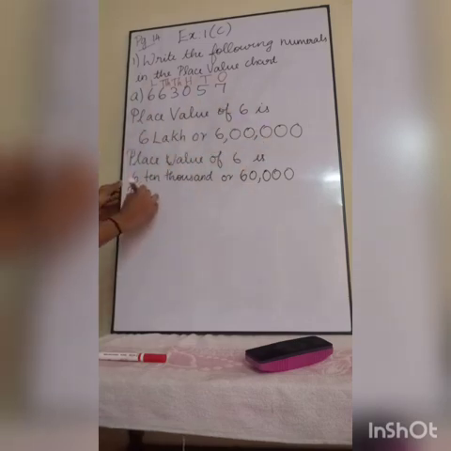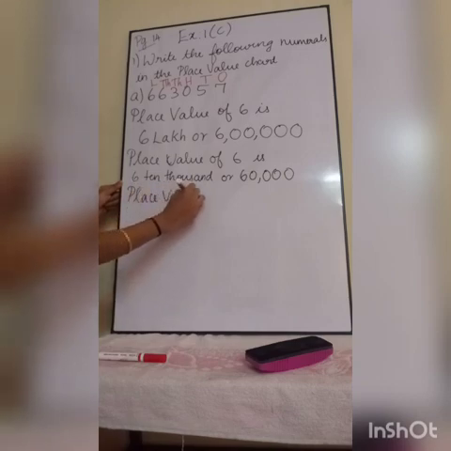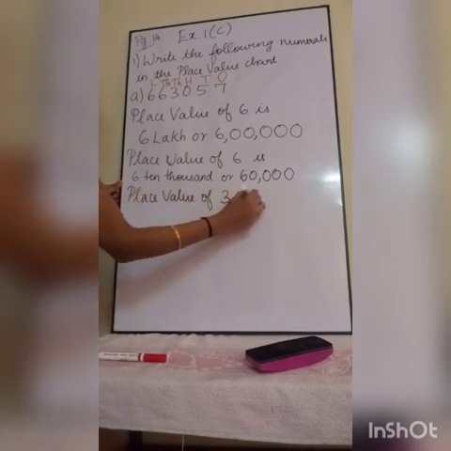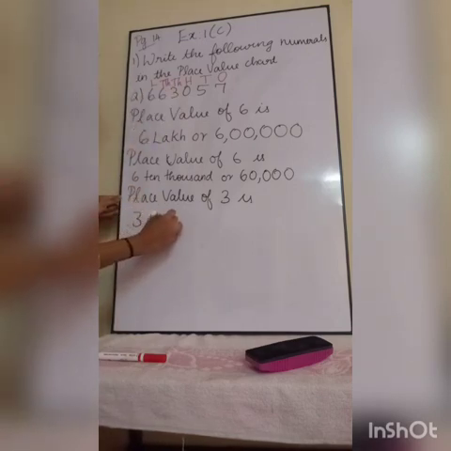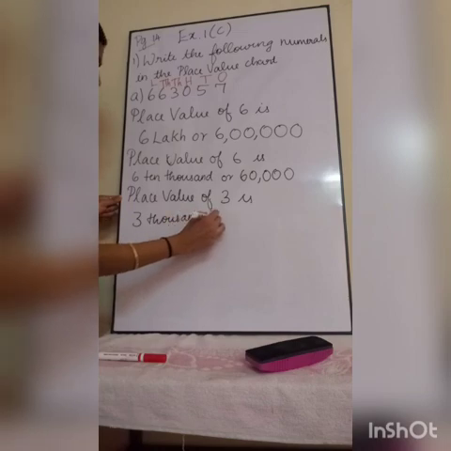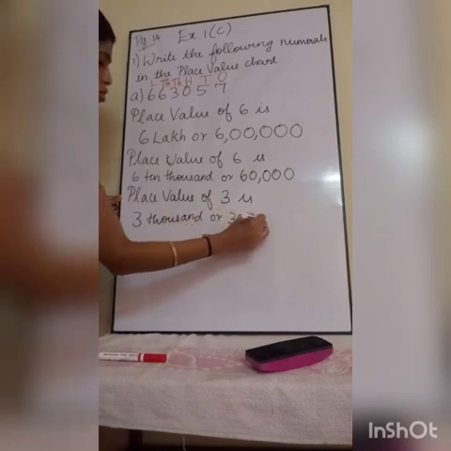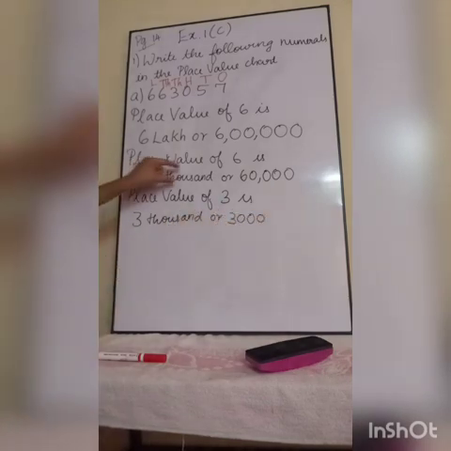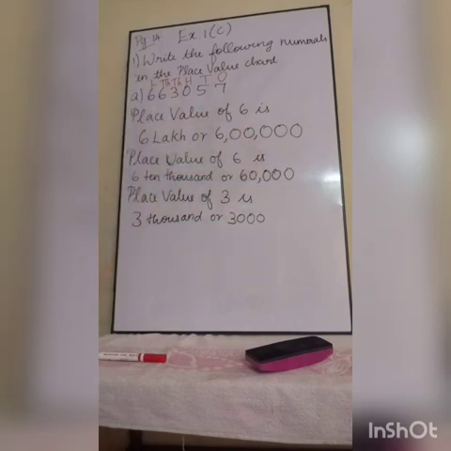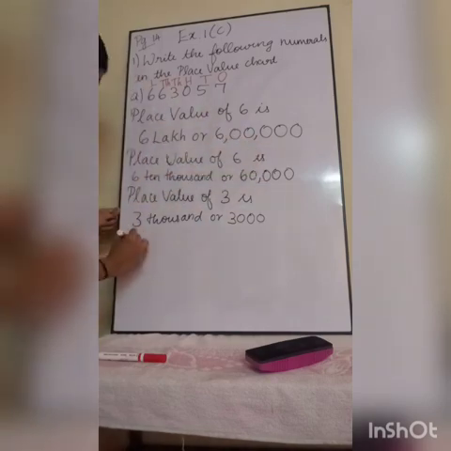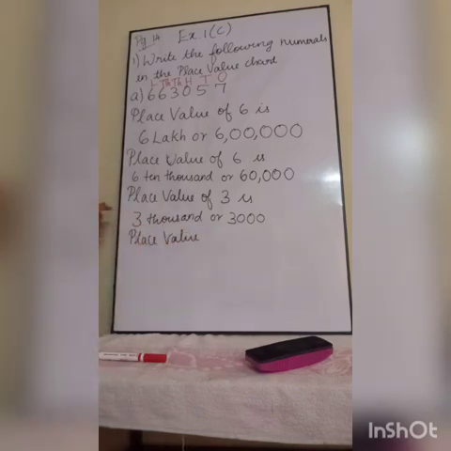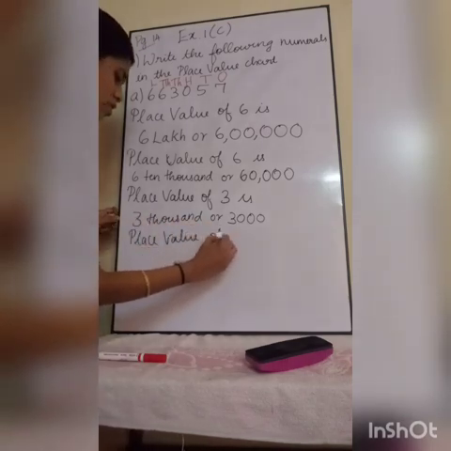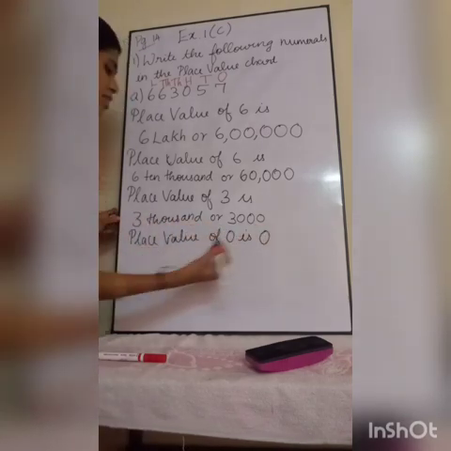Next, what is the place value of 3? 3,000. I am writing it in words, and I am writing it in numerals. That is the difference. Next, place value of 0 is 0. Do you remember this? Place value and face value of a 0 is 0. So I am writing it as 0.